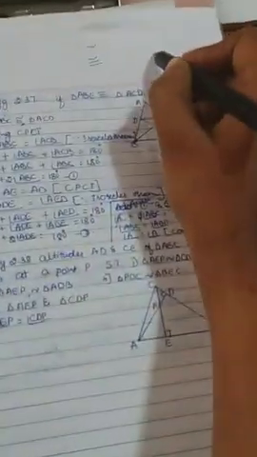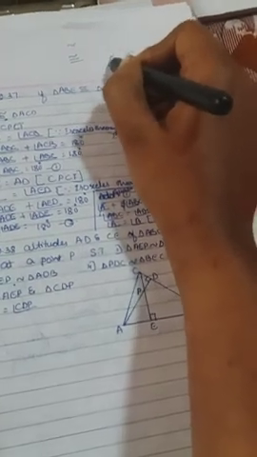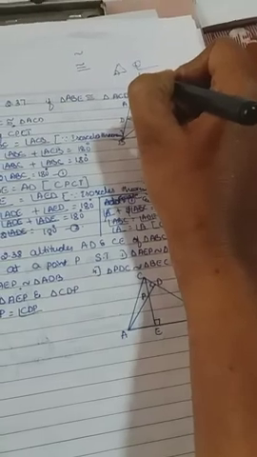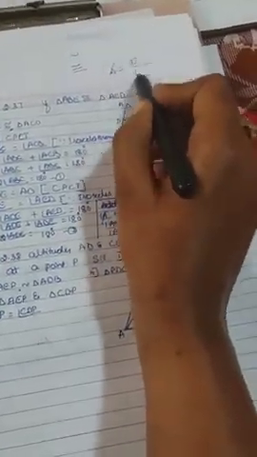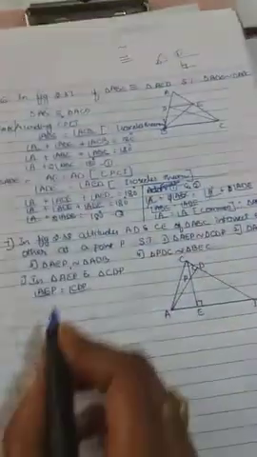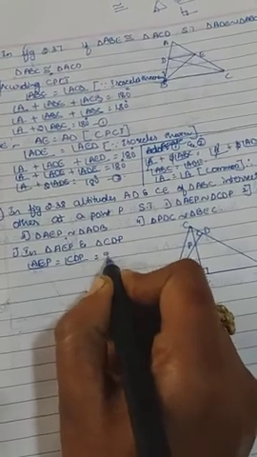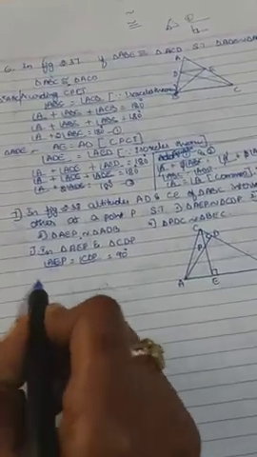If it looks like this, it is called an angle. If it looks like that, it is called a right angle. Keep in mind the difference between the right angle symbol and the angle symbol. Angle AEP equals angle CDP. Why? Both are 90 degrees, it has been given, so we can take that.